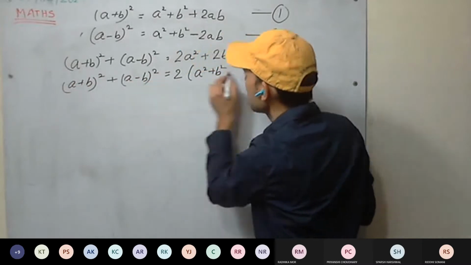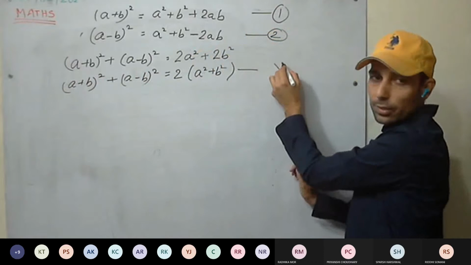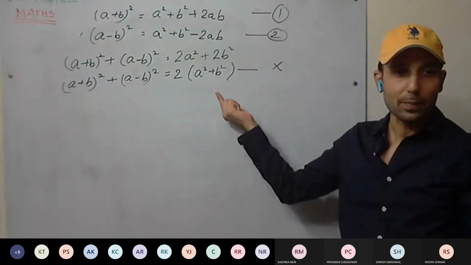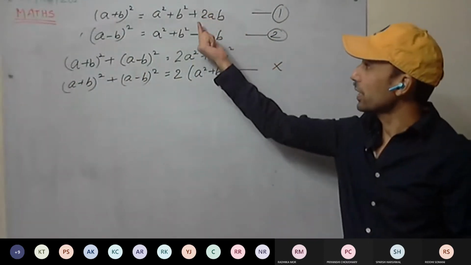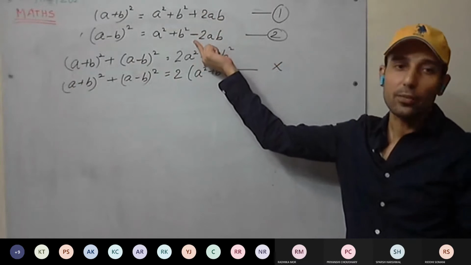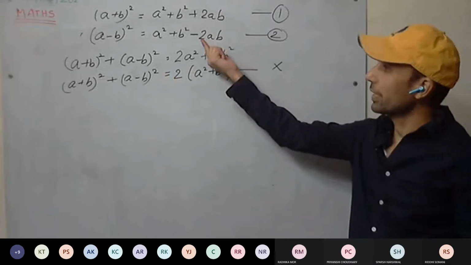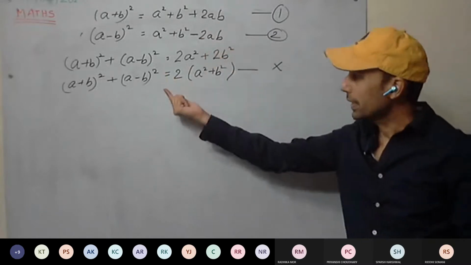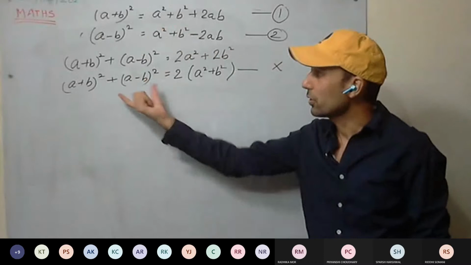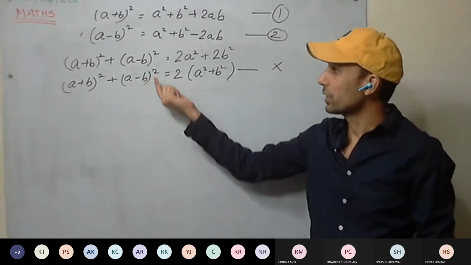So this identity, you don't have to remember. Mainly these two identities you have to remember. If you don't remember this one, you can solve it and you can get the same. While solving the question, you should have the idea of how to use this identity.